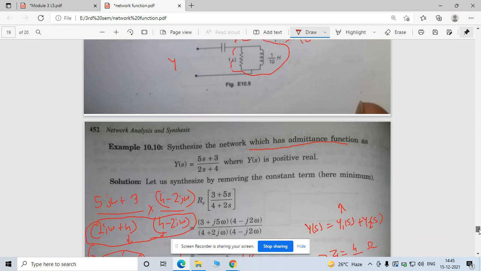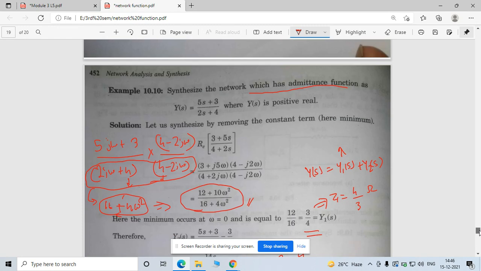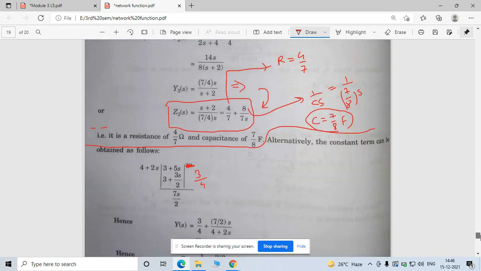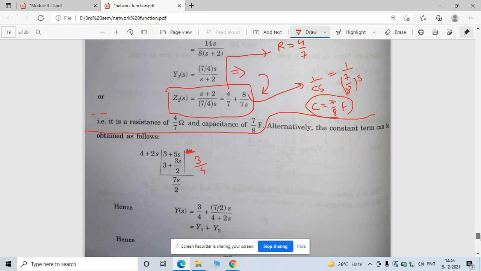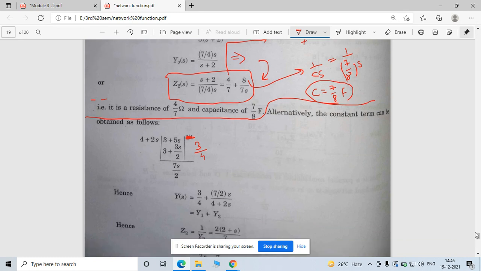So here the function is same. There are constant term. Okay, and degree is equal, right? So same way you have to divide numerator by this denominator. So when you divide it, you have to adjust that first term, right? You want to cancel out this first term.